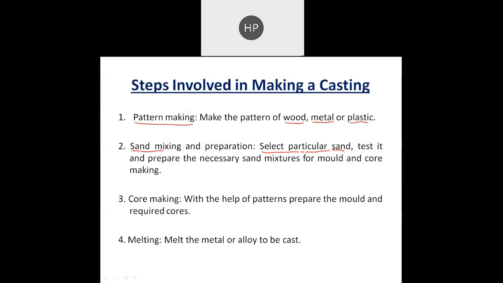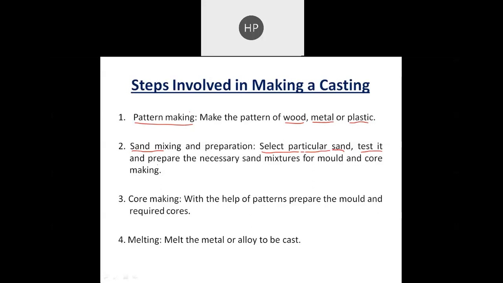Then we have to test the sand, because during molding, pouring and solidification, the prepared sand should not be deformed. That's why we have to test its capability, its strength.